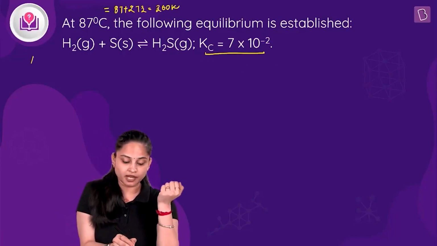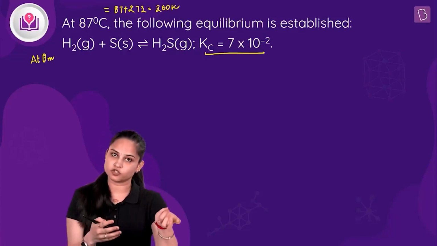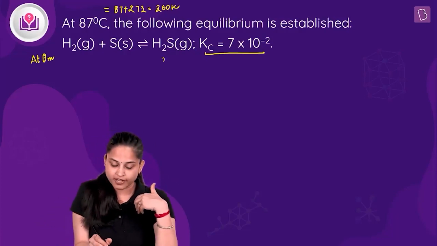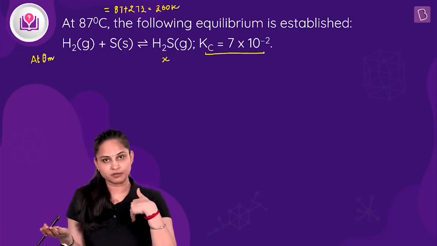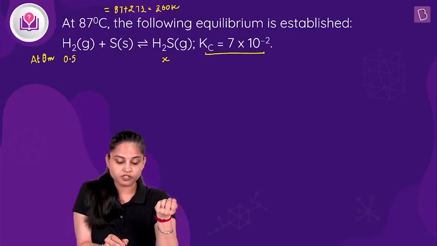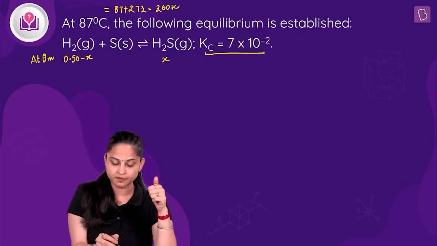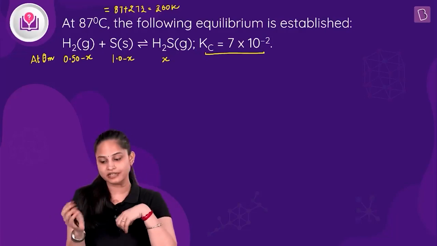So at equilibrium, what will be the number of moles left of H2 gas? Suppose x moles of H2S has been formed at equilibrium. It means 0.50 minus x moles of hydrogen will be left at equilibrium and 1.0 minus x moles of sulfur will be left at equilibrium.